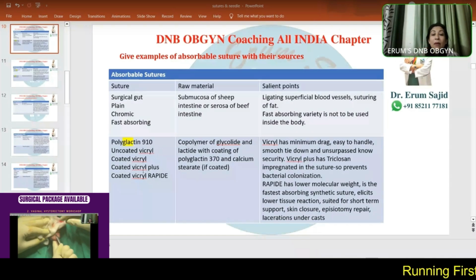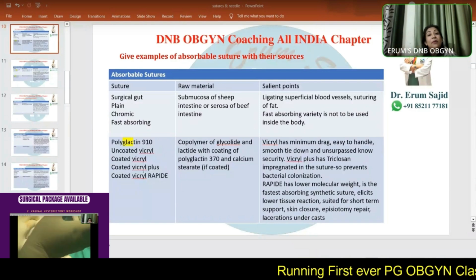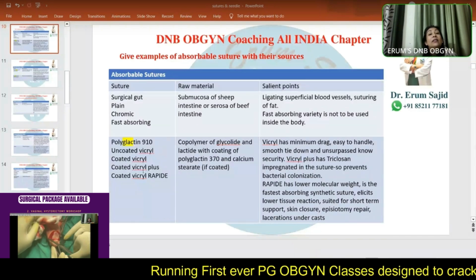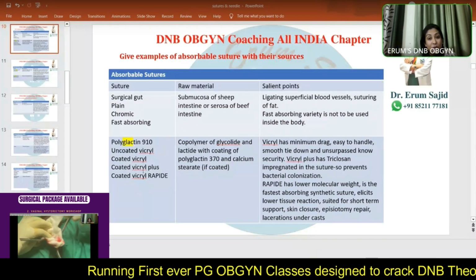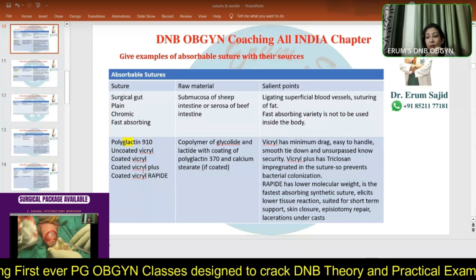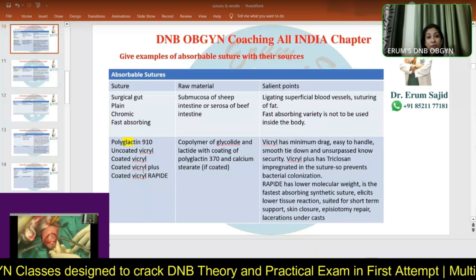What I'm trying to say is, remember polyglactin. Polyglactin is Vicryl. So even if they give you a different company, like Truegut, Suture India, and of course Ethicon, Johnson & Johnson, they have different things written instead of Vicryl. Sometimes only 910 is written.